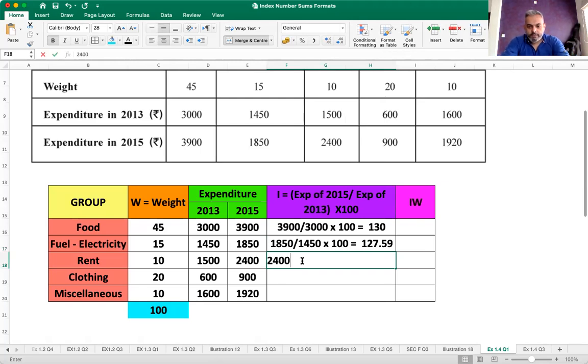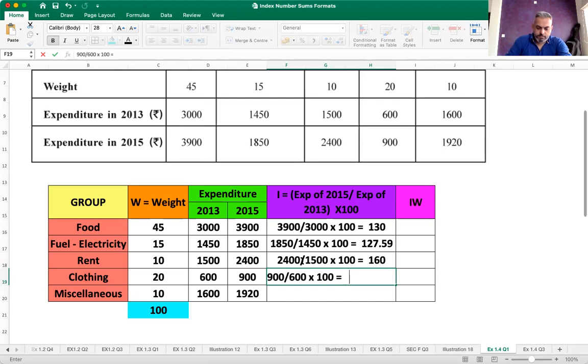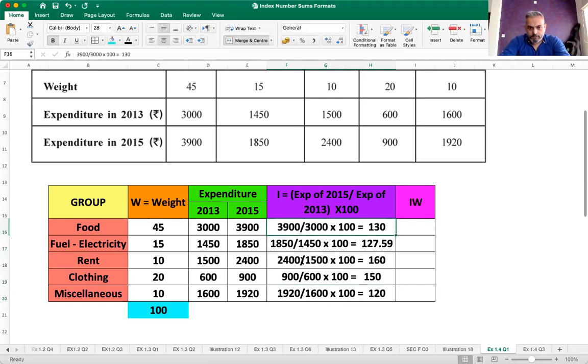Next, 2,400 divided by 1,500 into 100, 160. 900 divided by 600 into 100, 150. And 1920 divided by 1,600 into 100, 120. So we have the index I now.